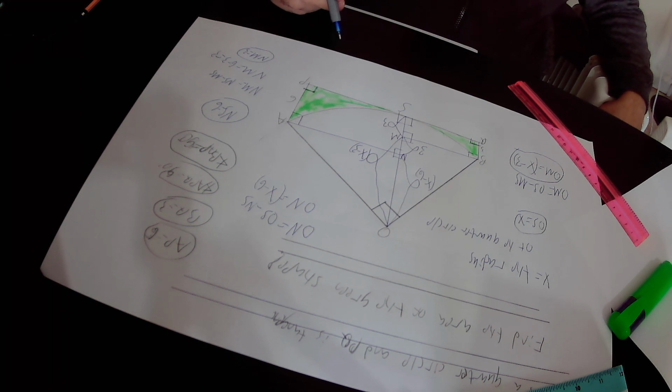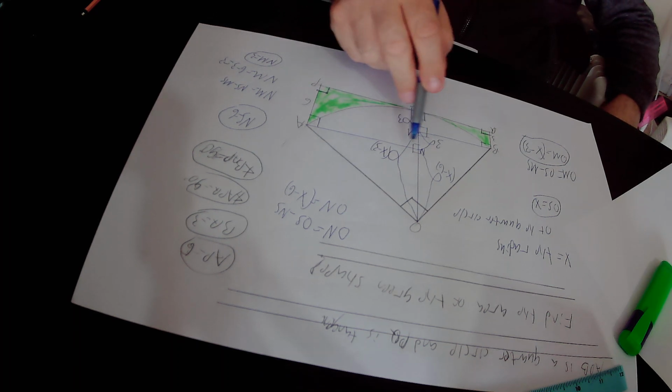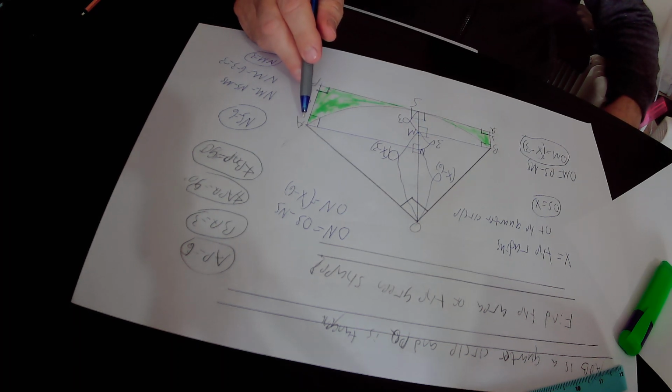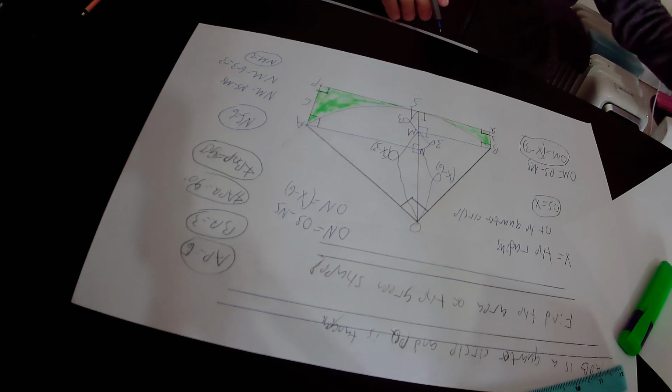We have the rule that the opposite sides of a rectangle are parallel to each other. So in rectangle APSN, side AP is parallel to side NS. So I write it down.